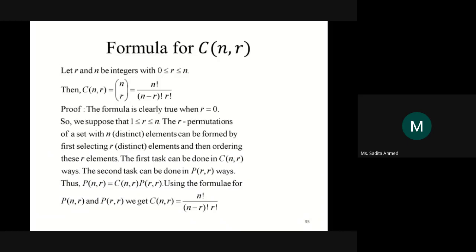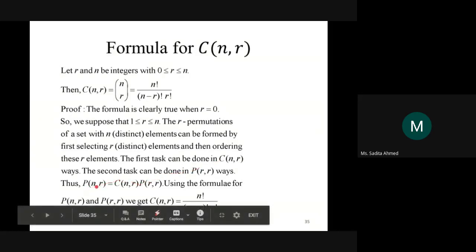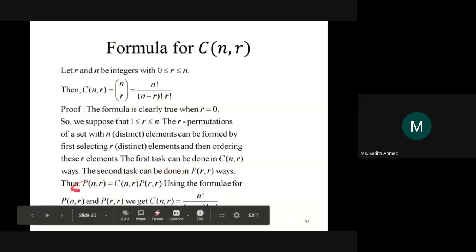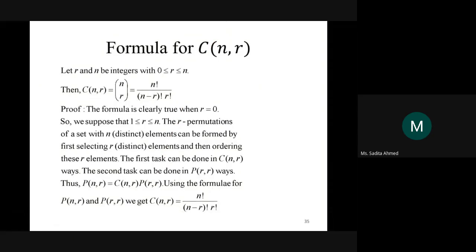So basically, the process of counting R permutations from n distinct objects can be broken down into 2 tasks, and the total number of R permutations from n distinct objects can be represented as the product of the number of ways to do each of these tasks. That is C(n,R) multiplied by P(R,R). So far, is it clear with everyone? If there is any confusion or question, please go ahead and ask.